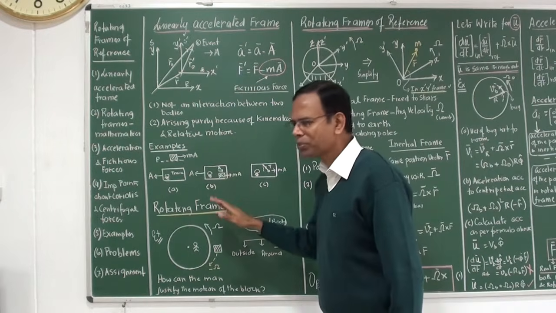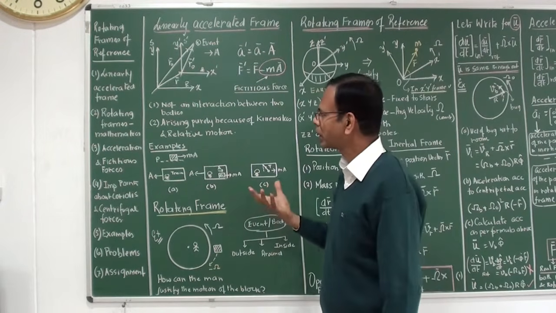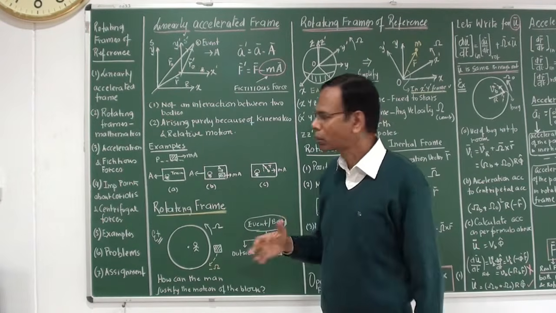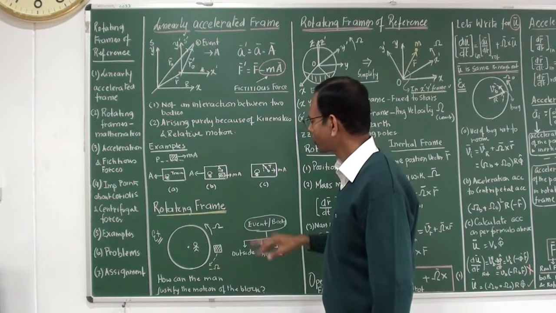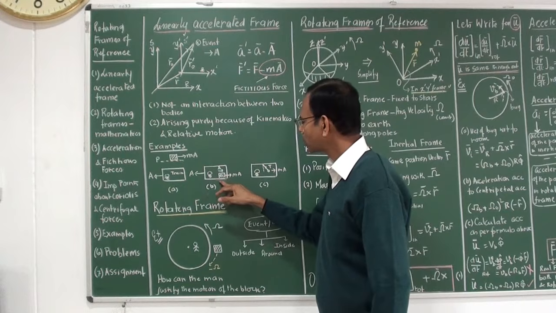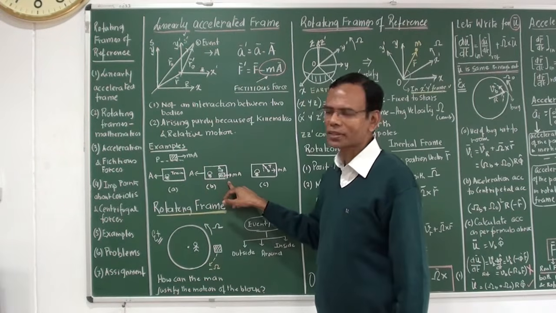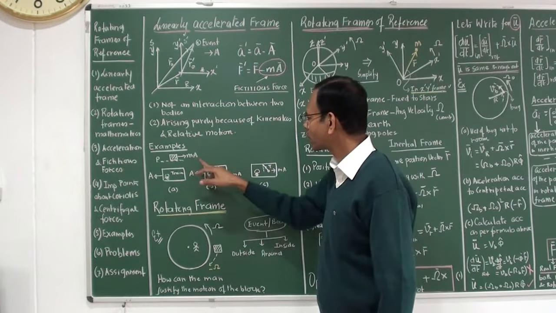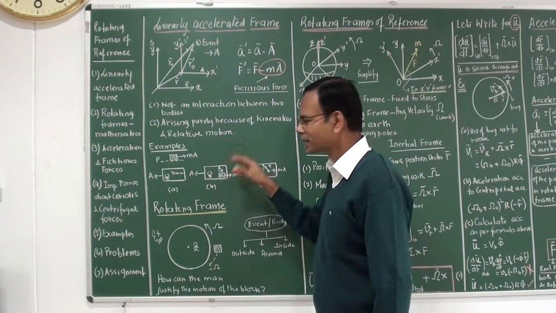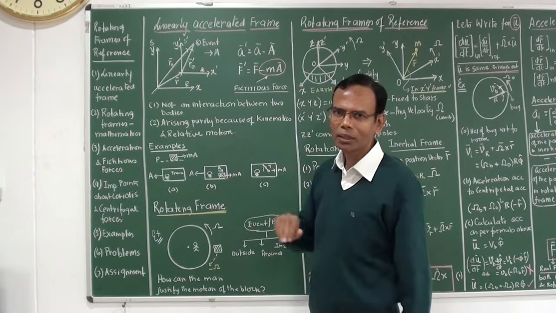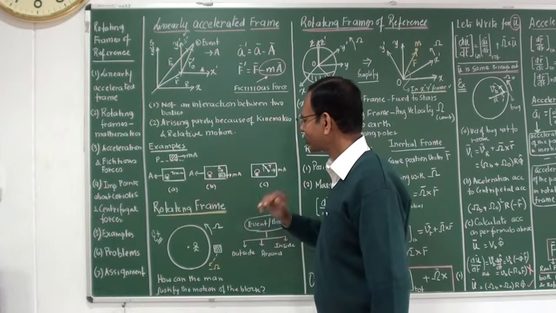Now these examples will help us to understand our rotational frames. Here there is a block lying on a frictionless surface, exactly similar, but now the body is inside but not interacting with the accelerating frame.